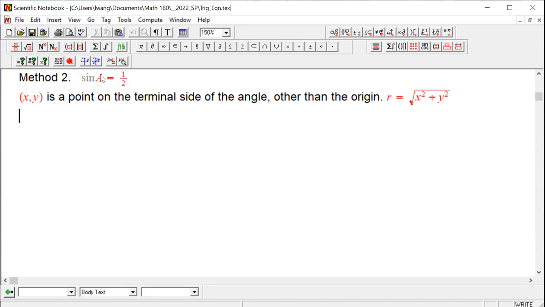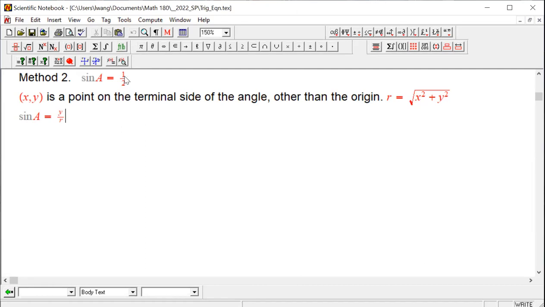And sine of the angle is equal to what? Y over R.